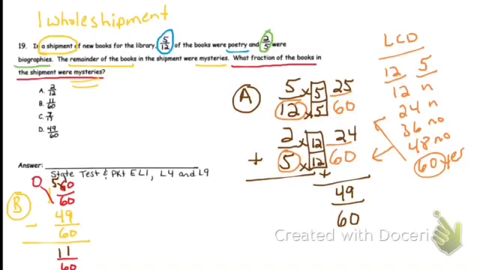Now, final answers. I must ask myself 2 questions, but remember, this is a multiple choice problem. When I have a multiple choice problem, sometimes an answer is fully simplified, sometimes it is not. Sometimes it's a proper fraction, sometimes it is not.